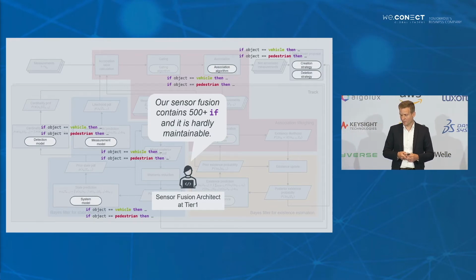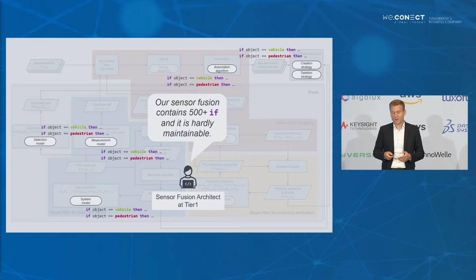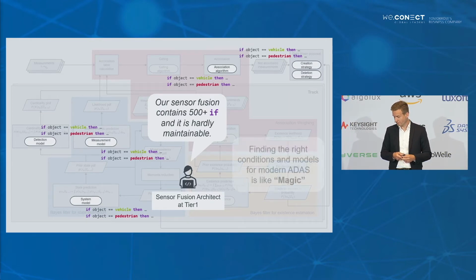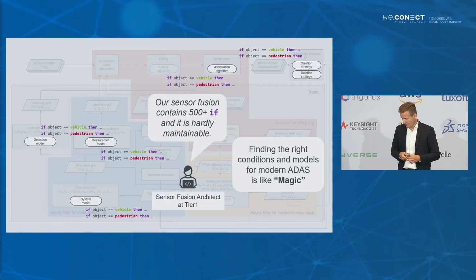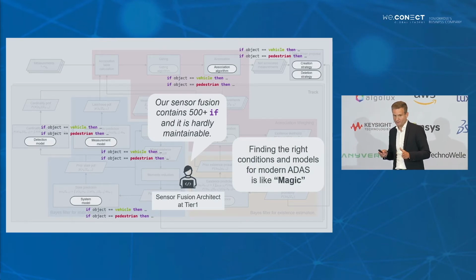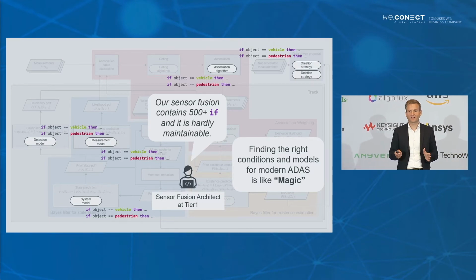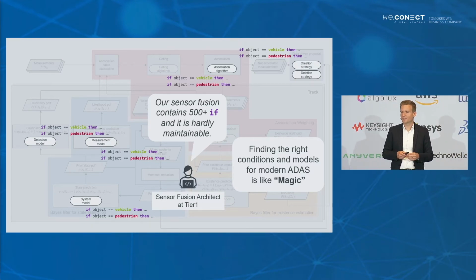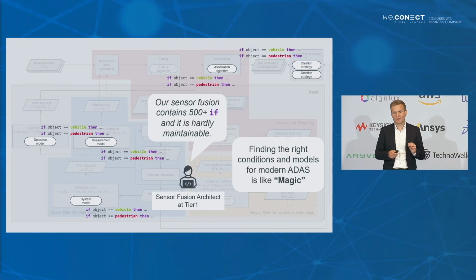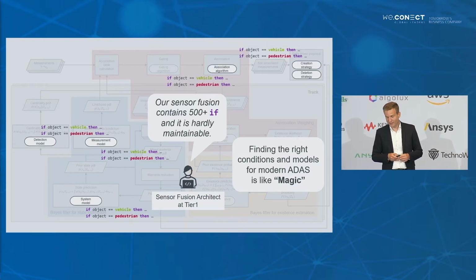It's so hard for them to control them and to make any reuse also of the code. And from our perspective and from my perspective, this is one of the magic parts. So finding and applying those conditions, this is a very important part of the magic in sensor fusion development today.